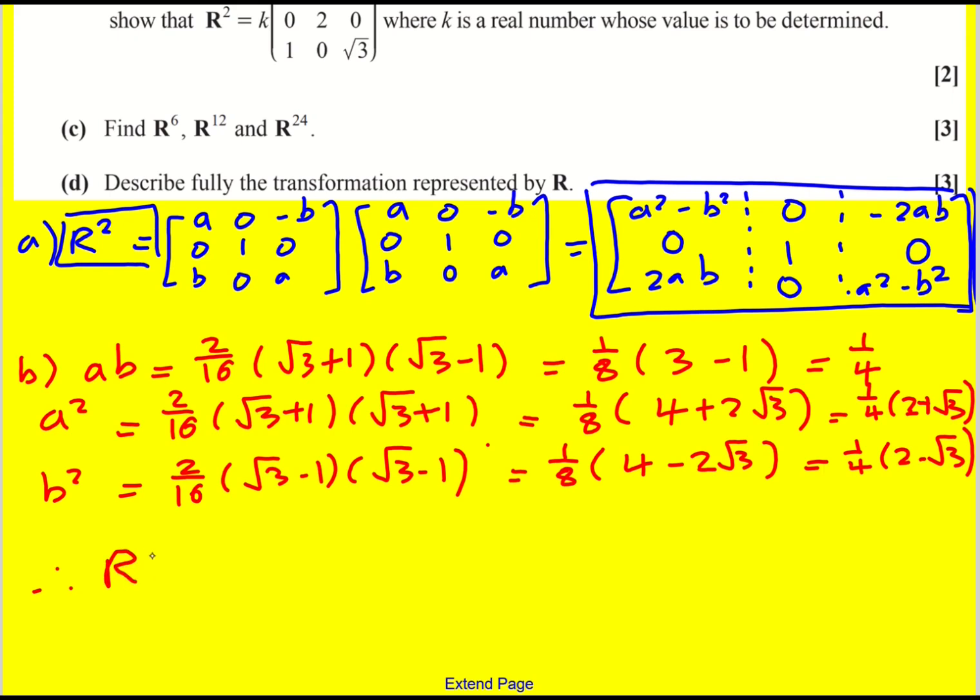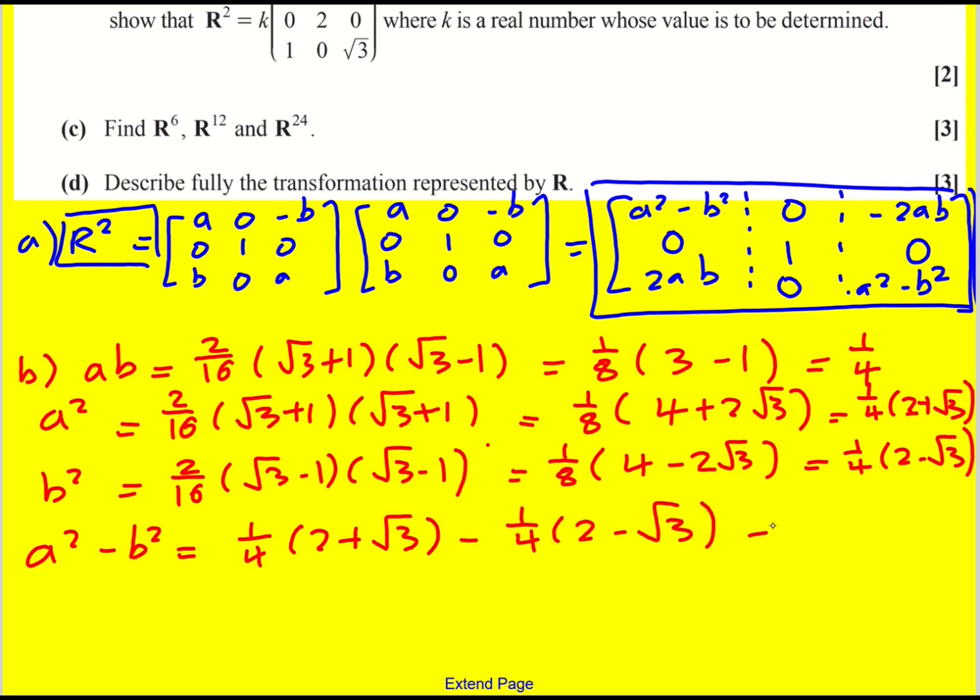So therefore, r squared, oh sorry, I got one more step to do. That means a squared minus b squared is going to be a quarter 2 plus root 3 minus a quarter 2 minus root 3. The 2's will cancel actually. Then so I've got root 3 over 4 plus root 3 over 4. I'm going to get root 3 over 2.